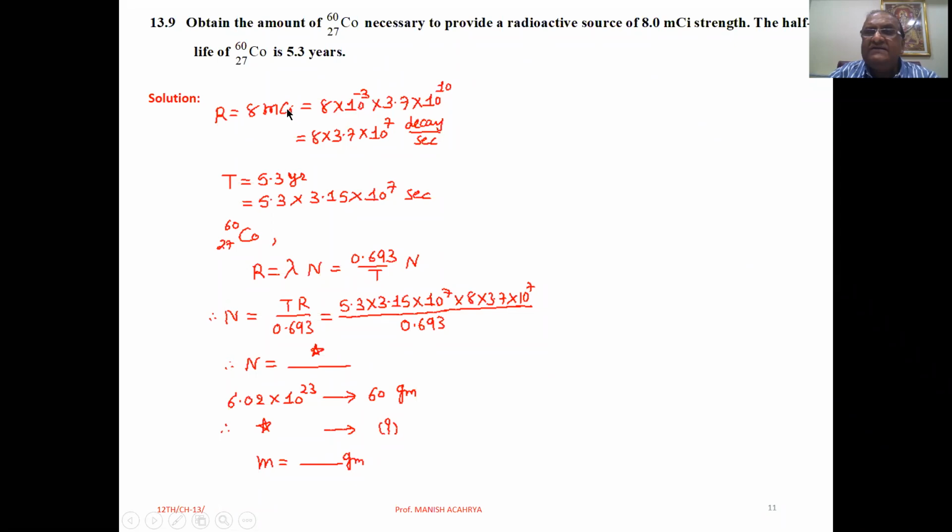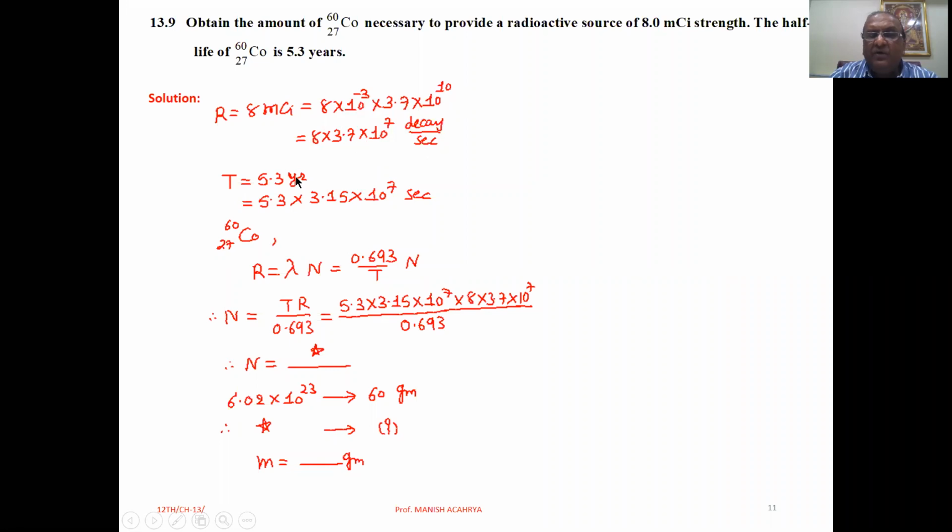But a curie is 3.7 into 10 raised to 10 decays per second. So in total that will be 8 into 10 raised to minus 3 into 3.7 into 10 raised to 10. So you will get 8 into 3.7 into 10 raised to 7 decays per second.